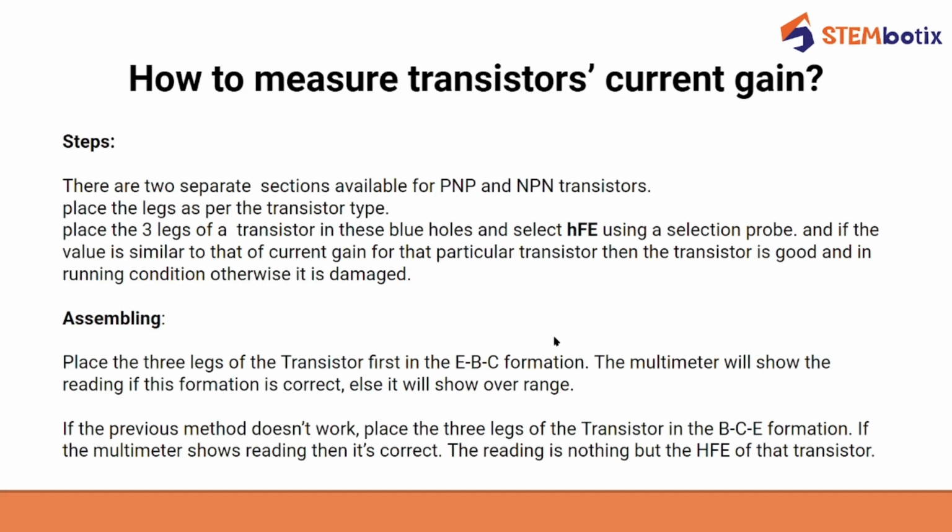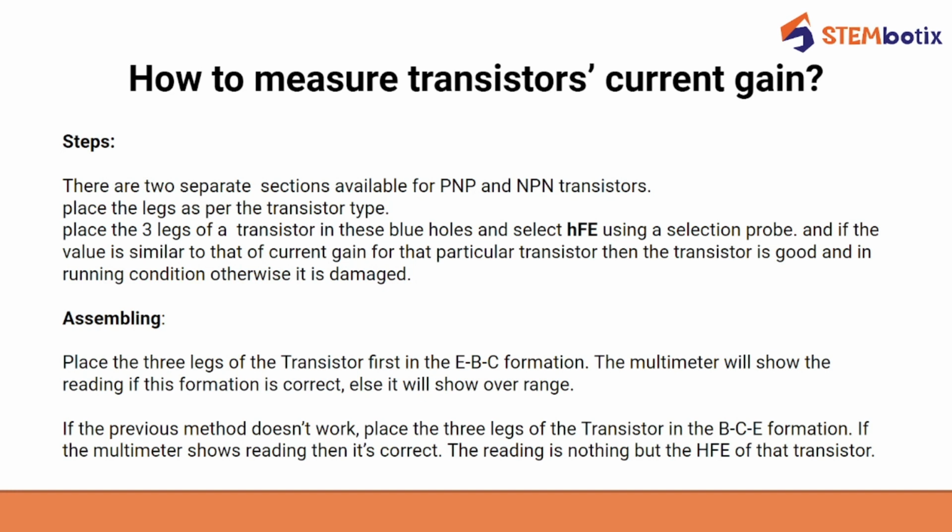Now, how to measure a transistor's current gain? Here is another application of the digital multimeter, getting results for transistors. In this experiment, you will need two transistors, BC547 and BC557, the NPN and PNP transistors, and a digital multimeter.